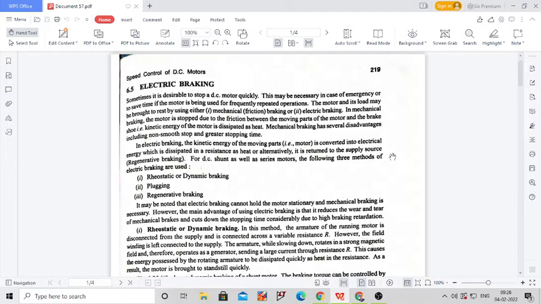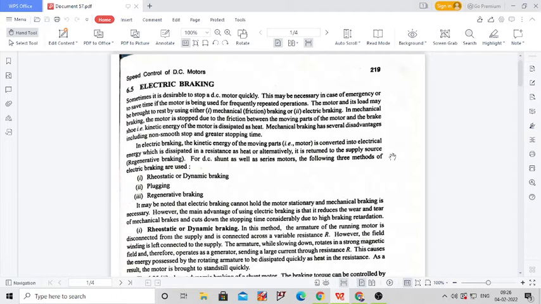So the electrical energy generated during electric braking is either converted into heat, by dissipation in a resistance, or returned to the supply source in the case of regenerative braking.